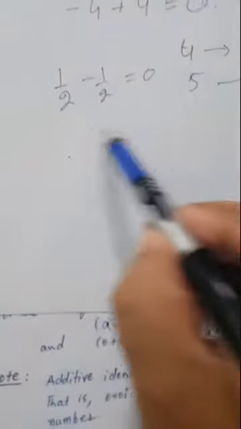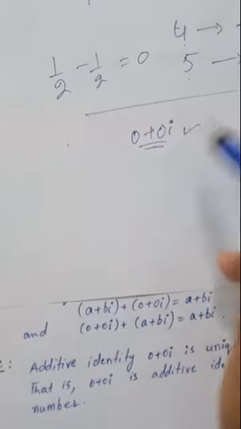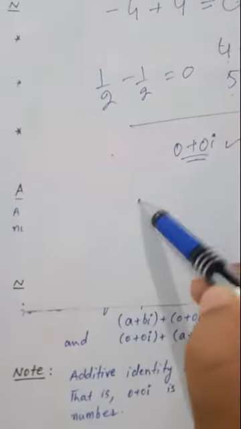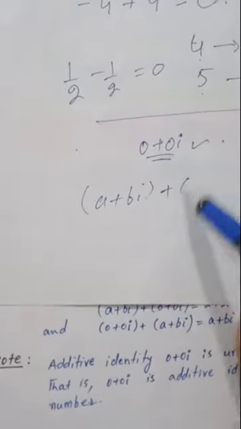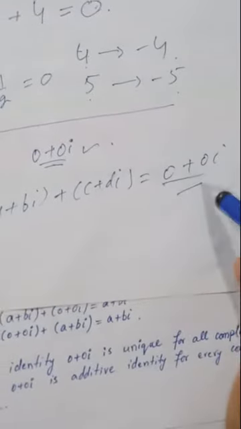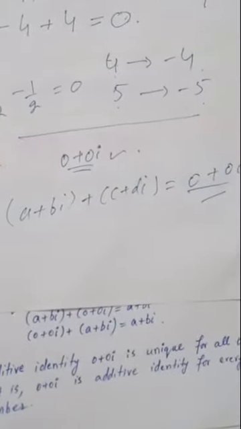Now in the set of complex numbers, 0 plus 0 iota is the additive identity. When you add two complex numbers a plus b iota and c plus d iota and you get the additive identity 0 plus 0 iota, then these two complex numbers are said to be additive inverses.